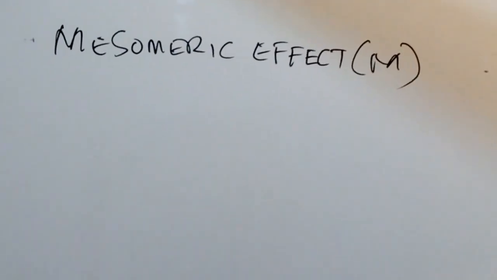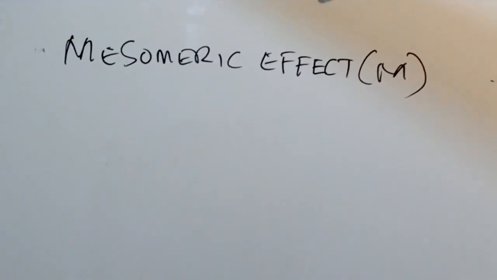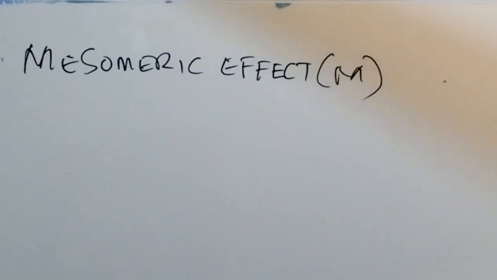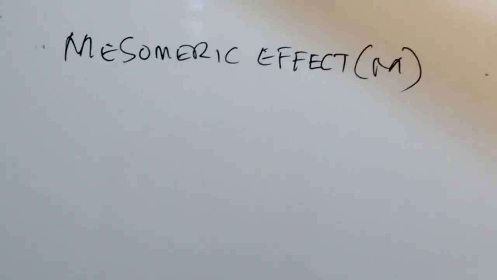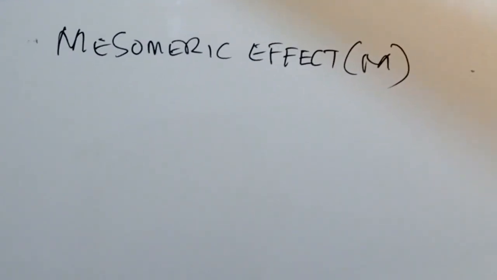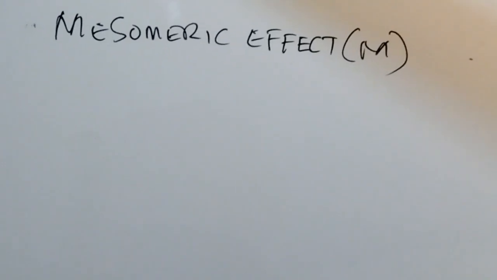I also call it mesomerism or resonance. So, unlike inductive effect that occurs in single bonds or sigma bonds, the mesomeric effect occurs in double or triple bonds, which we normally call pi bonds.